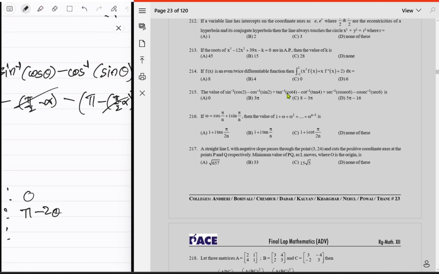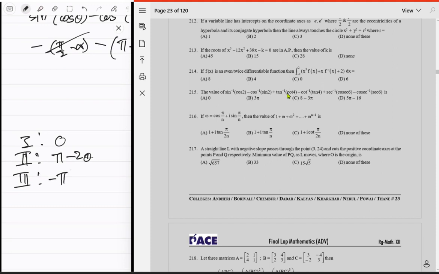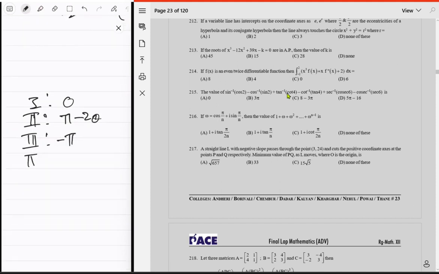Pi plus of that and pi minus alpha, that's one of the things. So just negative pi in the third quadrant, and fourth quadrant mein kya hoga?